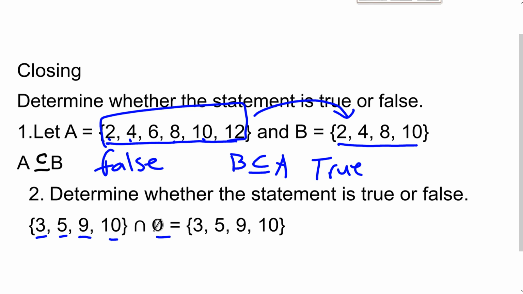Well, the first set has 3, 5, 9, and 10. The second set has nothing in it, so they have nothing in common. So this is false. But if you switch that to the union, then it would be true. Since it is an intersection, that is false. All right, so that's it.